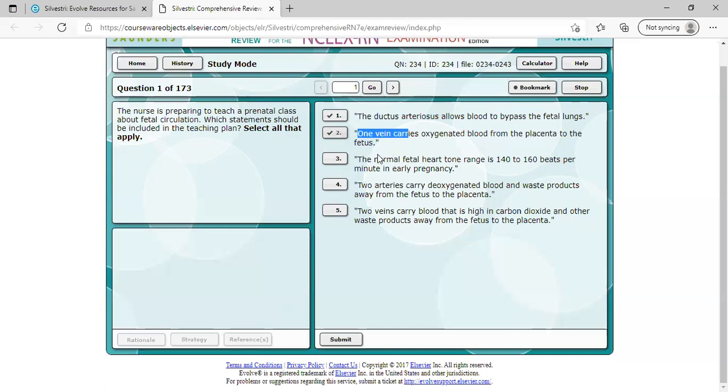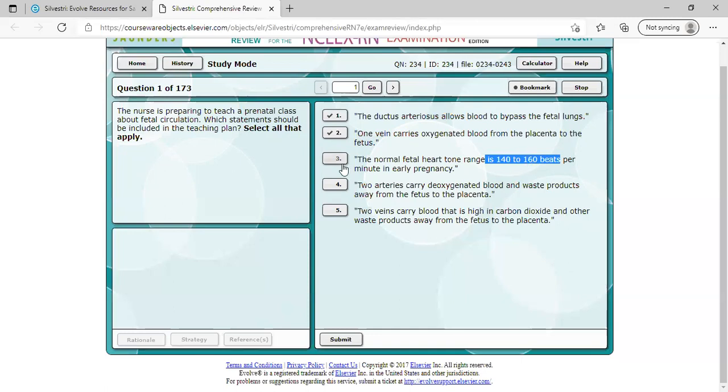New information. They said the normal fetal heart tone range is 140 to 160 beats per minute in early pregnancies. So is it a normal fetal heart rate? Definitely no, because the fetal heart rate is 110 to 160.